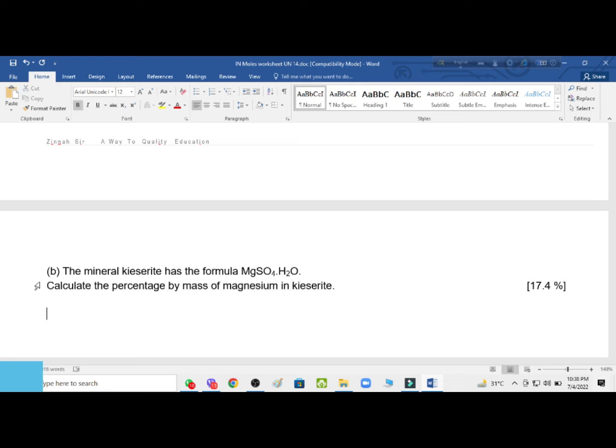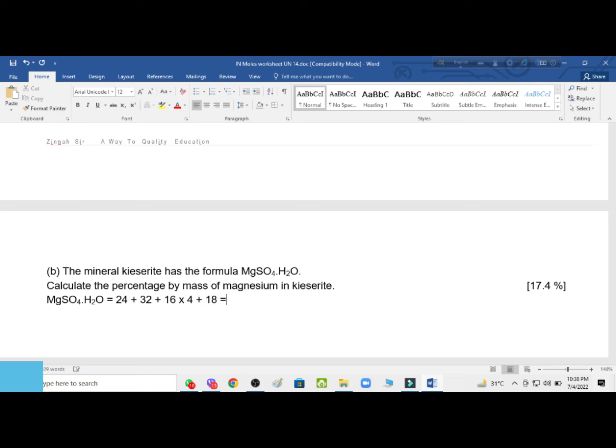This is very simple. First calculate mass of the total compound. What do you get here? Magnesium is 24. That you get from the periodic table. Sulfur is 32, and oxygen is 16 into 4, and then water is 18.